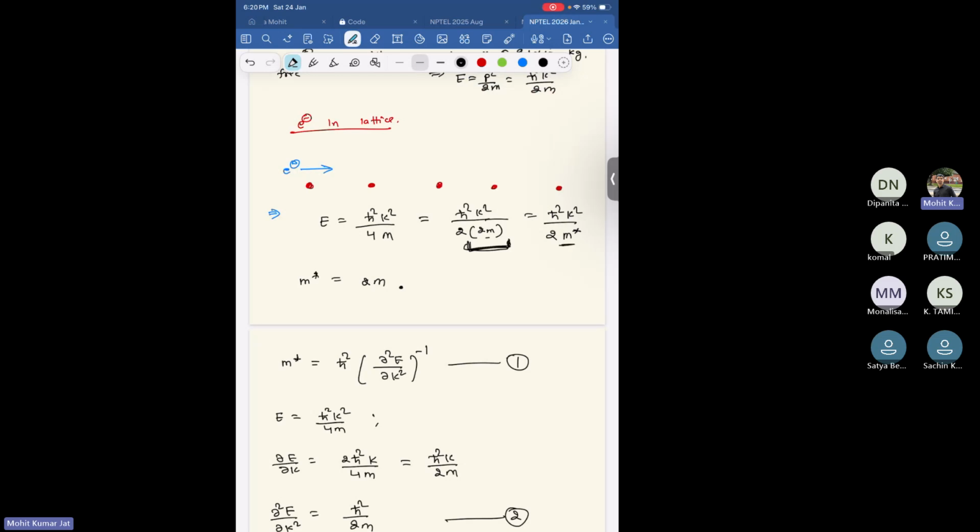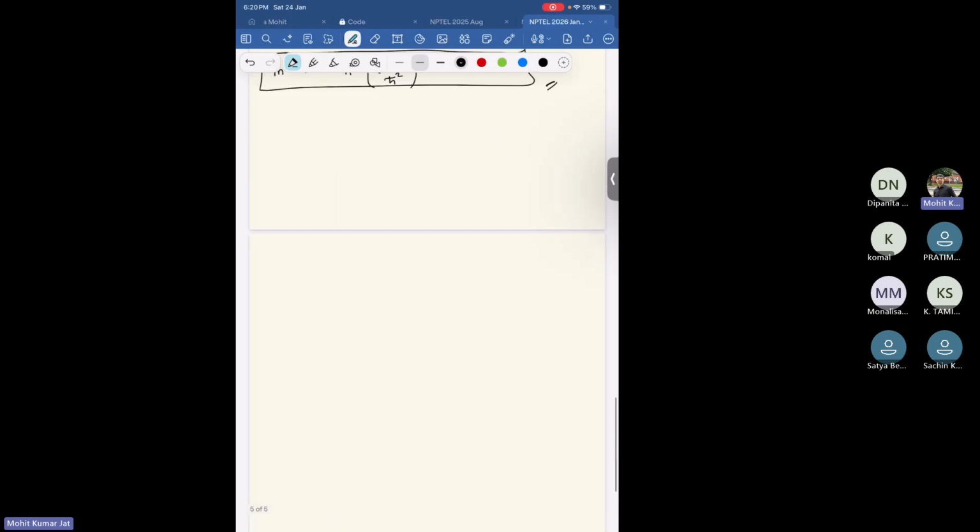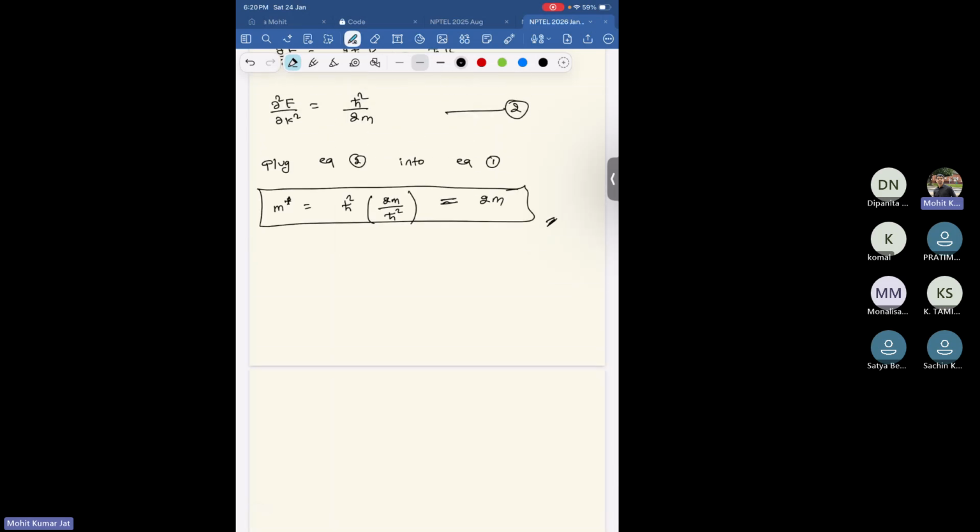So here also we got the m star to be 2m, and this is another, more accurate way, if a dispersion is of a slightly complex form, instead of k square it is of k to the 4 or k cube, then this is how you calculate the effective mass from the dispersion. So if you have any question to ask, you can ask in the class also, and I'll be happy to address your concern. So this is the first question, which is about the effective mass of the carriers.